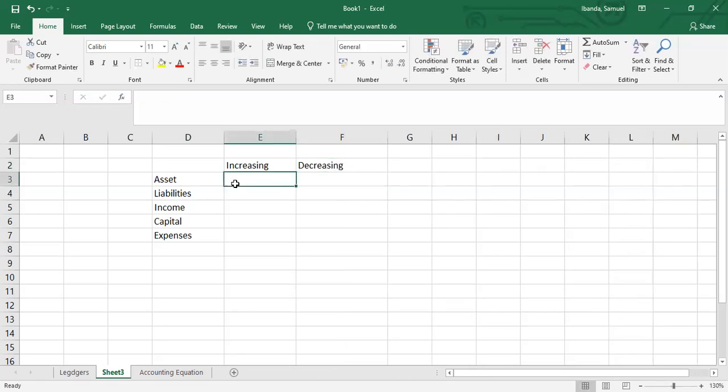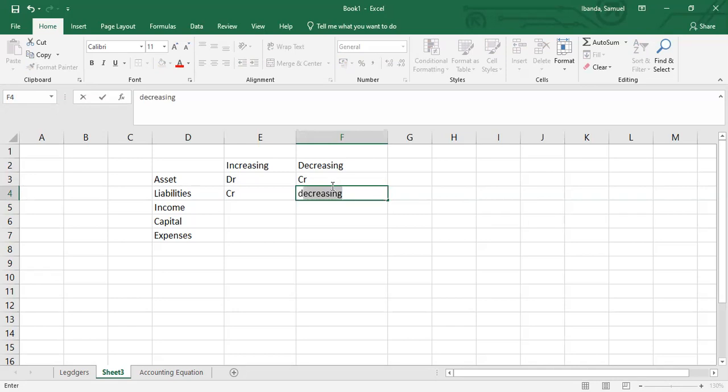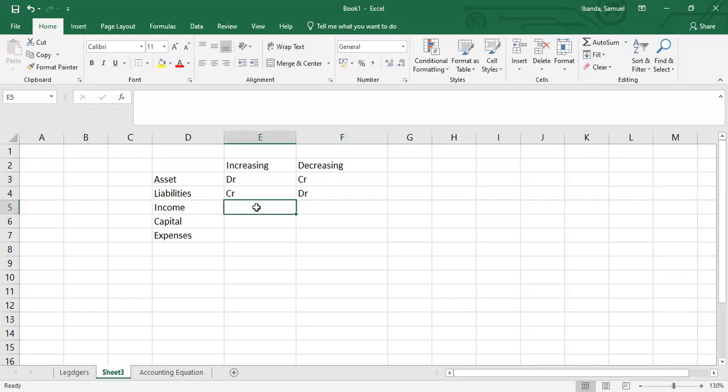When an asset is increasing, we debit; I'll use DR. When it's decreasing, we credit. This, when it is increasing, we credit. This, when it is decreasing, we debit. Income, when it's increasing, we credit; when it is decreasing, we debit.